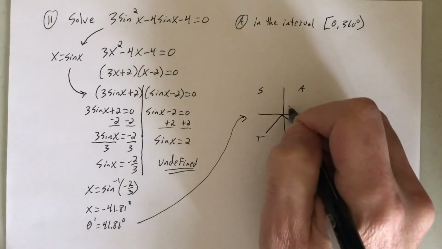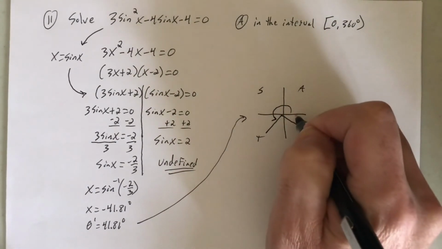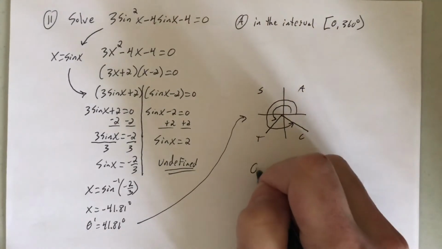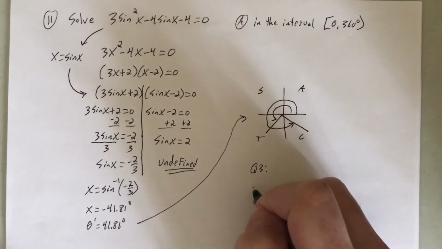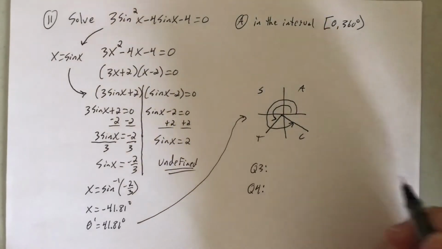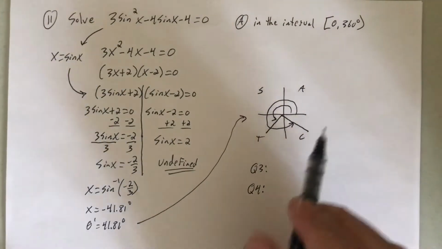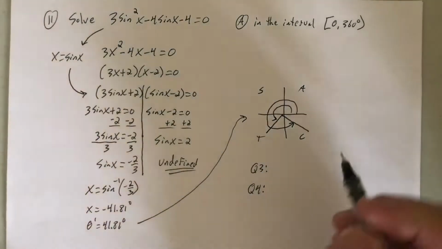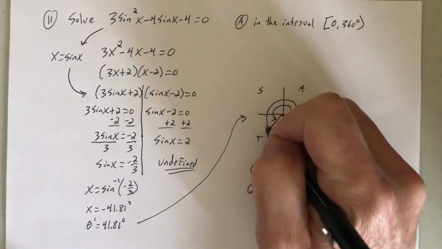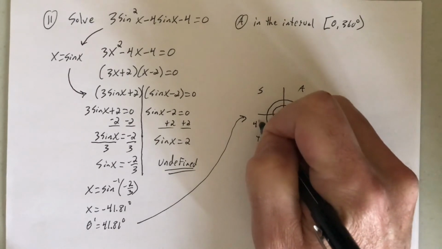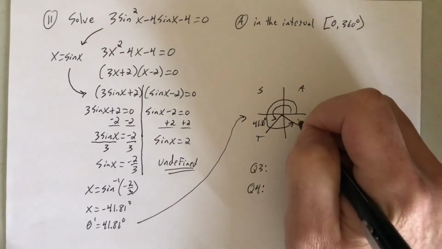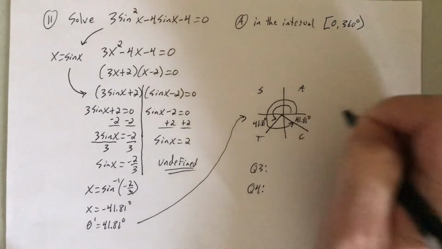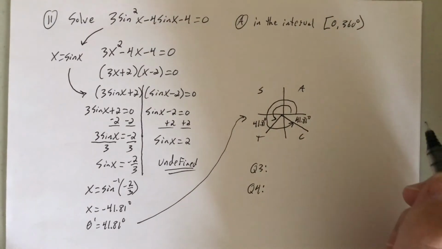So we're going to have this answer here, and then we're going to have this answer here: a quadrant 3 answer and a quadrant 4 answer. Remember that our reference angle is 41.81 degrees. So from here to here is 41.81 degrees, and then from here to here is 41.81 degrees.